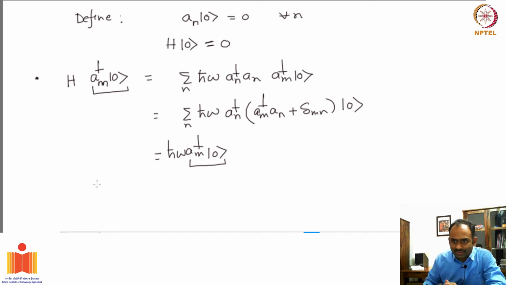How about this? Okay, maybe I should go to the next page. How about this? So I start with a n1, a n2. Instead of m and n, I am writing n1 and n2.